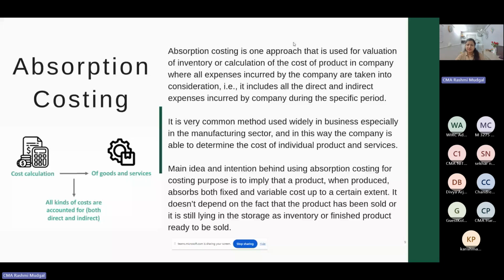The expenses are more fixed in services, as clients can come after 6 or 7 months, but I don't have anything physical to give them. So in this case, I cannot ignore my fixed cost. According to the industry and its dependency on variable or fixed cost, we can judge what is best for them, marginal costing or absorption costing. It totally depends on the industry and the management decision.